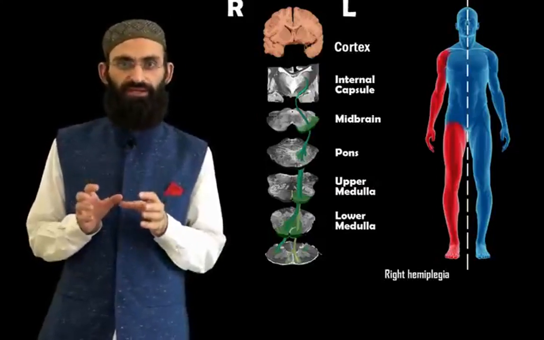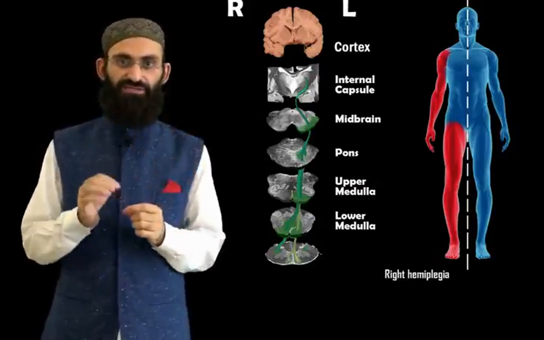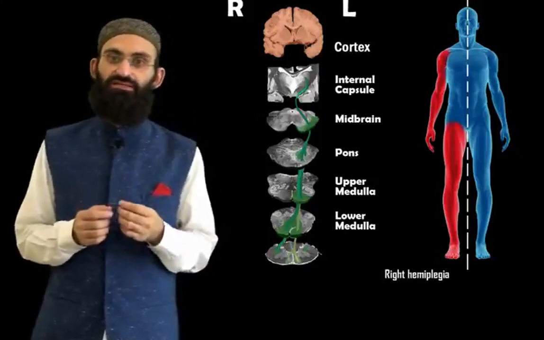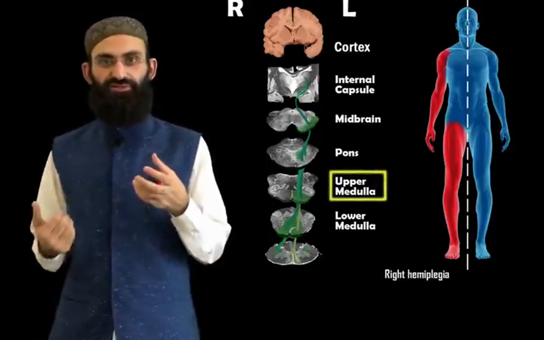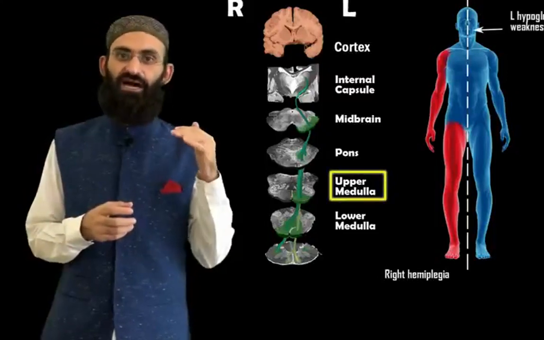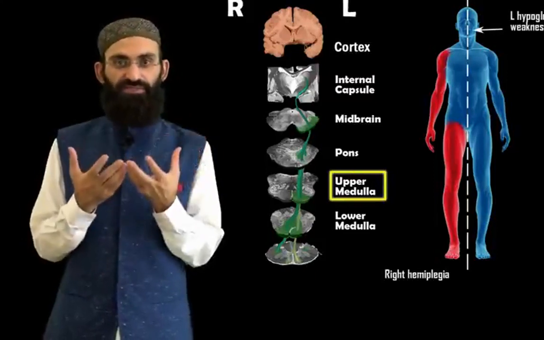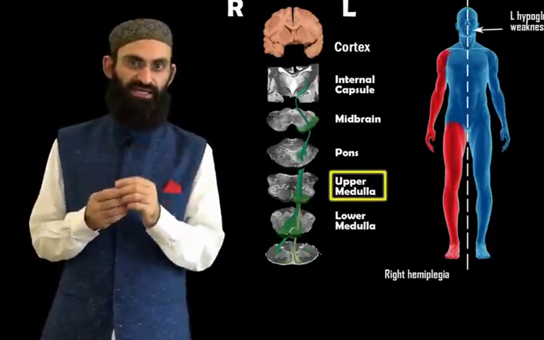One important point in localizing lesion at the level of brainstem is to look for involvement of any cranial nerve. In case of a left medullary lesion, in addition to right-sided hemiplegia, there can also be a left hypoglossal weakness. And in case of hypoglossal weakness, there is deviation of tongue to the same side.